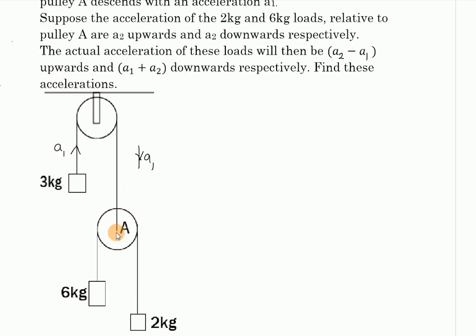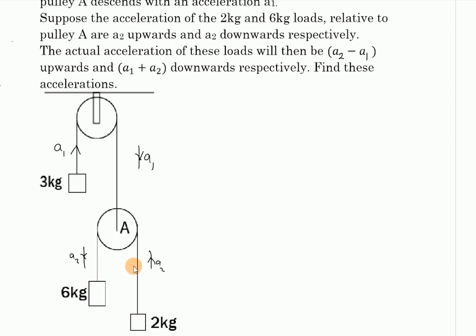And then I will look at this pulley again. There is 6 and then 2. There shall be some bit of motion about pulley A, because this one being heavier than that, there will be some bit of motion like that. So this one shall be moving again downwards. If we talk about that acceleration as A2, if this one moves downwards at A2 relative to pulley A, this one also A2, then we can have that form of motion.